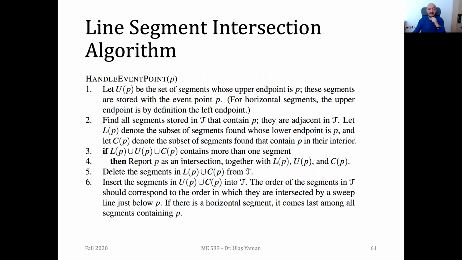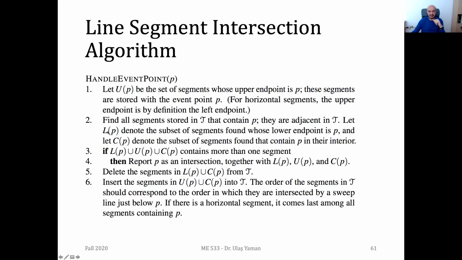Initially, we are storing a new variable, U of P. In that variable, we are simply storing the line segments whose upper endpoint is P. And then we find the segments stored in our status data structure tau which contain P, the handling event point. And they should be adjacent, they should be neighbors in the tau data structure.